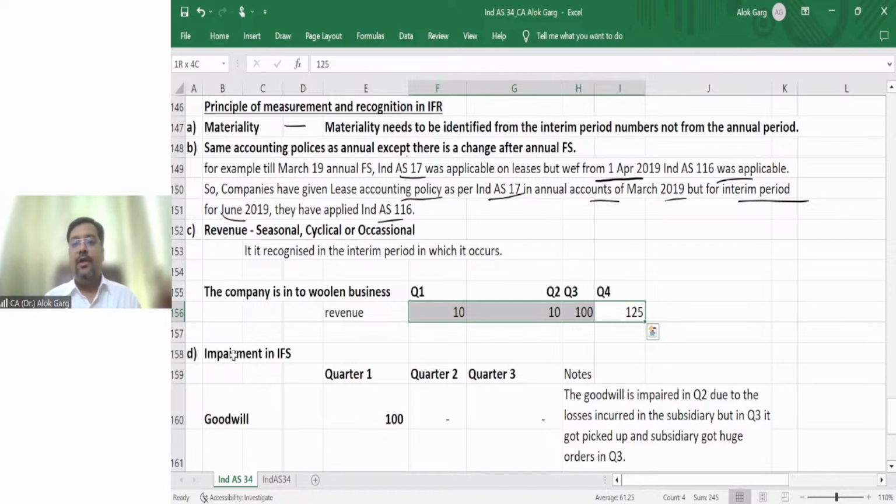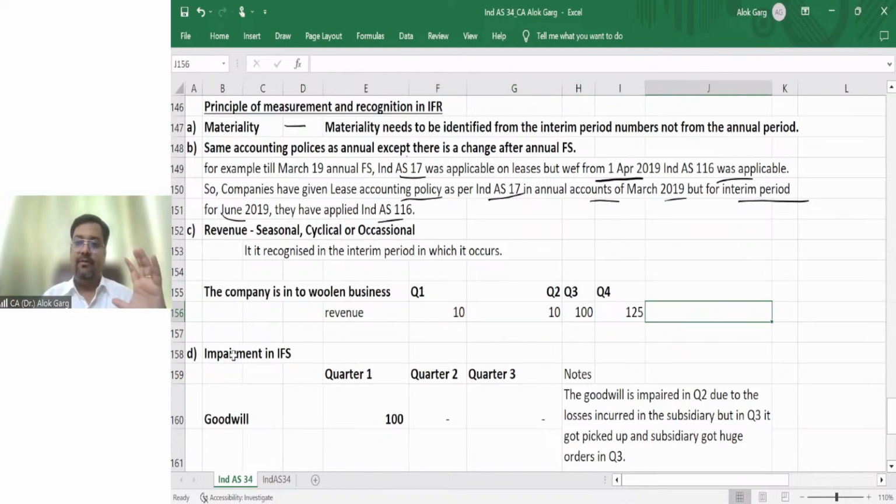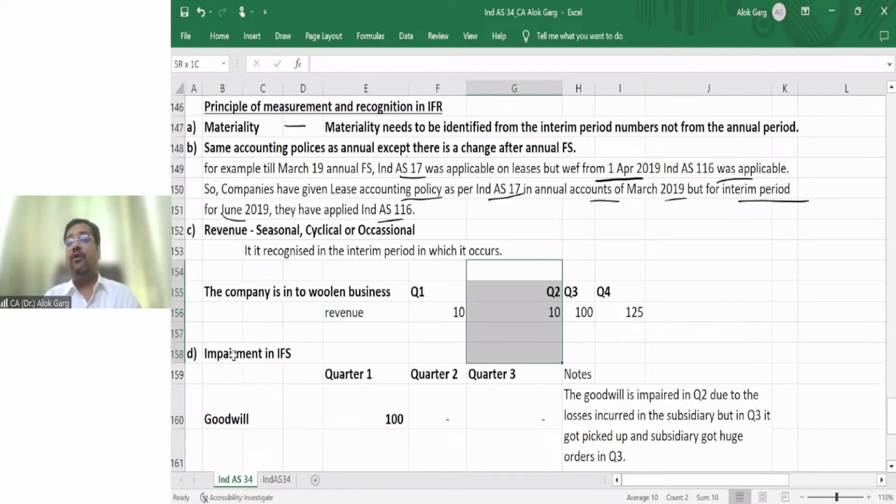No. Whatever revenue has occurred in whatever interim period, that revenue has to be recognized in that interim period. So probably in quarter 1 and quarter 2 there could be losses, but in quarter 3 and quarter 4 there could be high profits, right? It is not straight line. It has to be recognized in the same quarter in which it occurs. Is that clear?